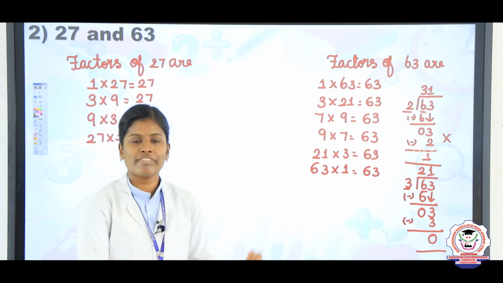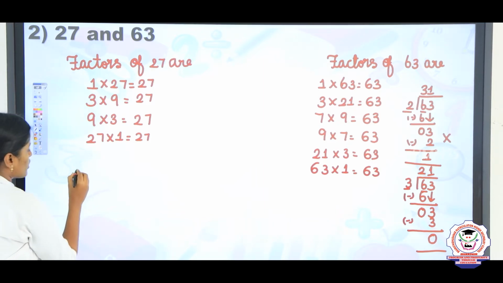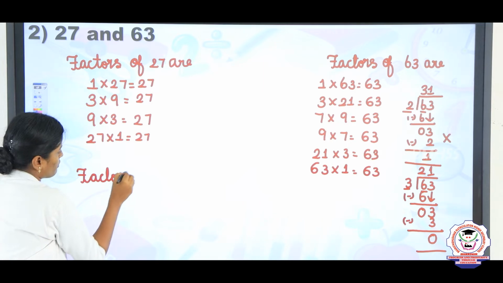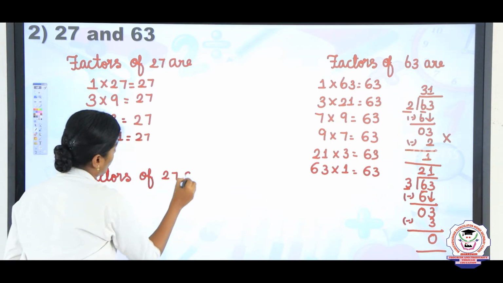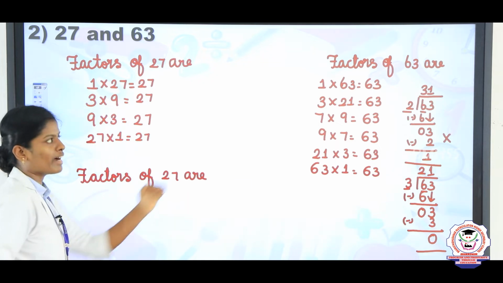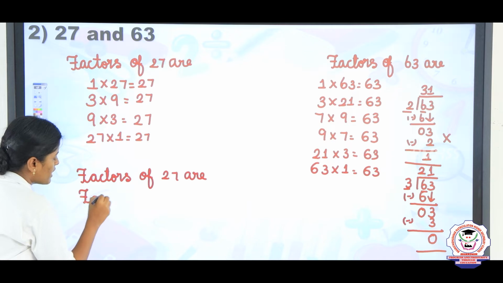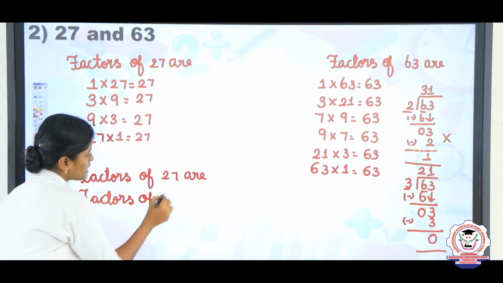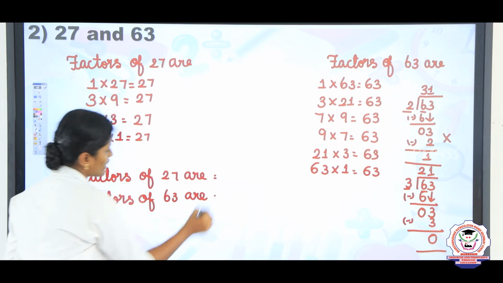Okay, so listen here. Factors of 27 are, and next the factors of 63 are. So what are the factors of 27?